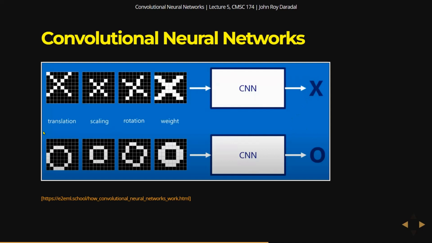And it should be able to output X and O even if there's translation, so even if it's not really centered, like it's also not centered here. Even if it doesn't have the correct scaling, so this one is smaller than the template, and this one is also slightly smaller. Slight rotation changes, or warping. This is not a perfect circle, this is not a perfect X, but it still looks like an X, right?